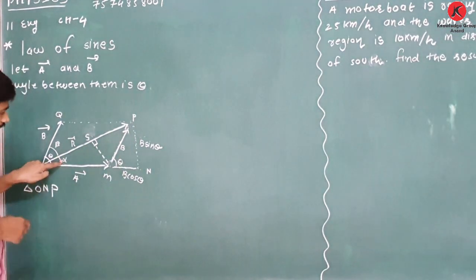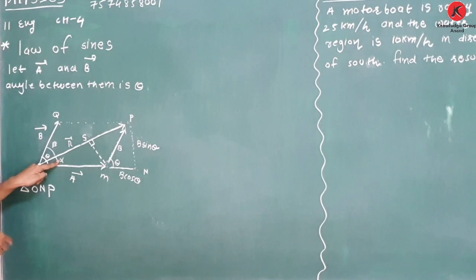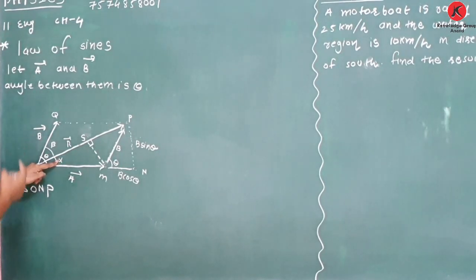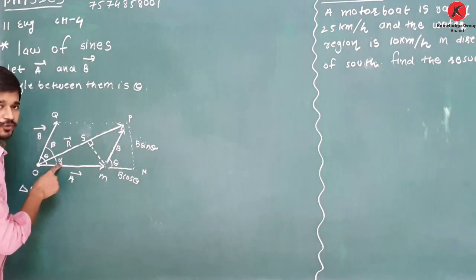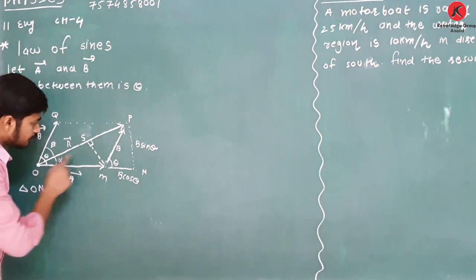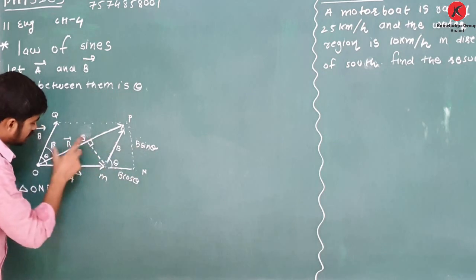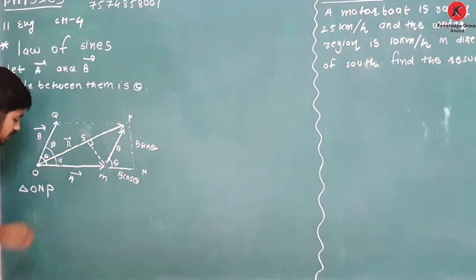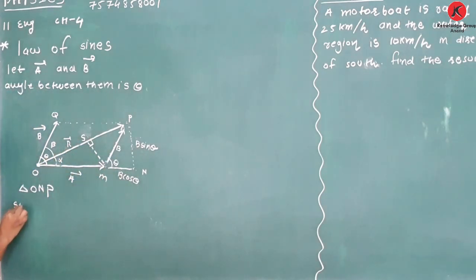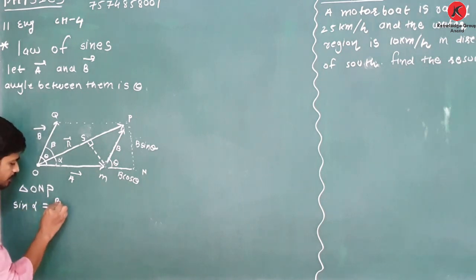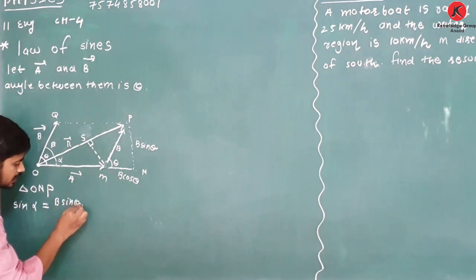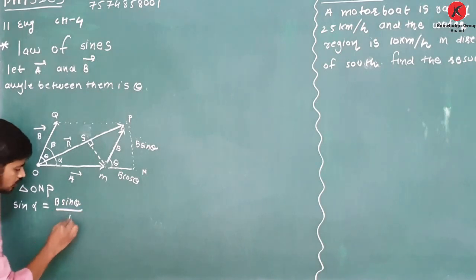Take sine alpha, because it is the law of sines. Sine means opposite side upon hypotenuse. Alpha's opposite side is B sine theta, and the hypotenuse is this resultant vector. Then we write sine alpha is equal to B sine theta upon R.